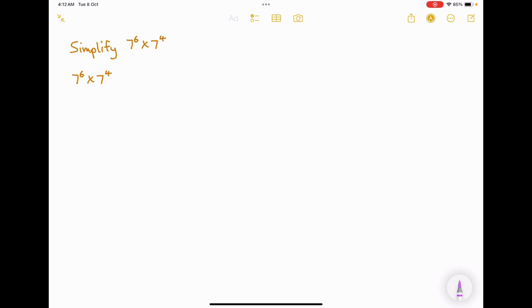Using the long method. 7 is the base, 6 is the index. That means 7 will appear 6 times. 1, 2, 3, 4, 5, 6.